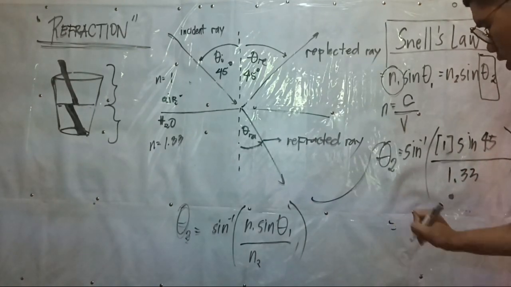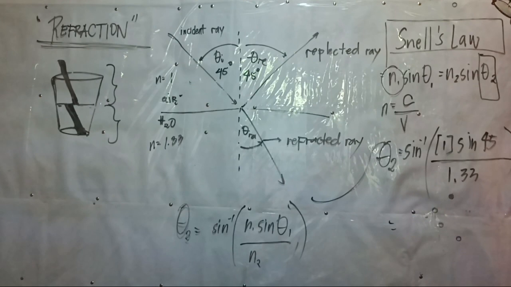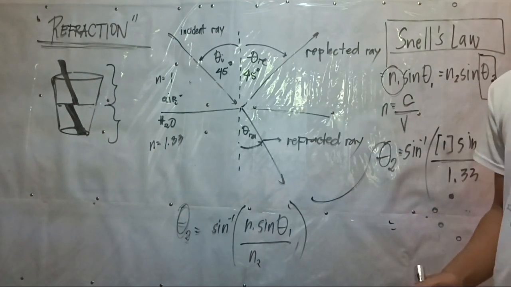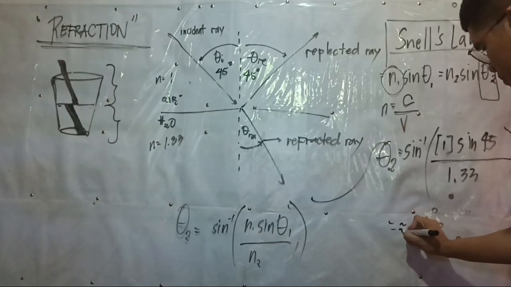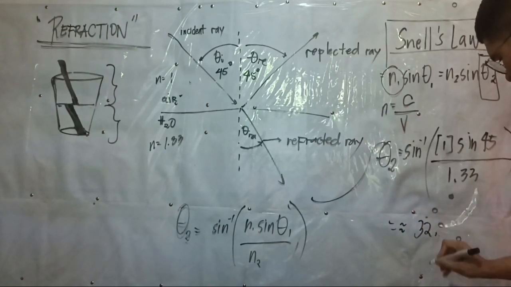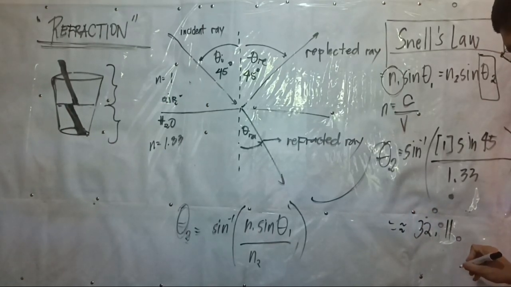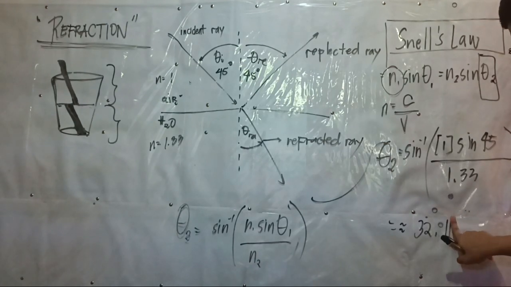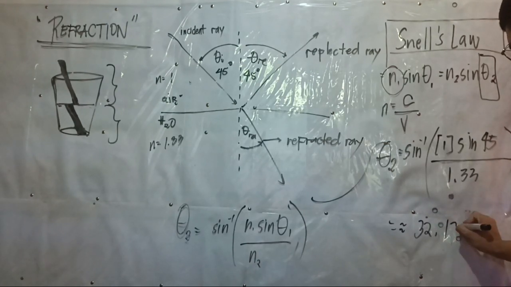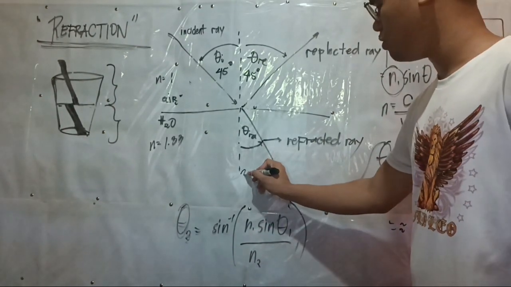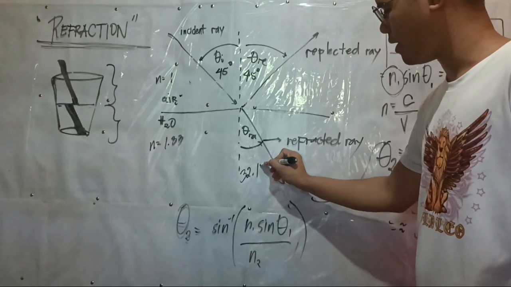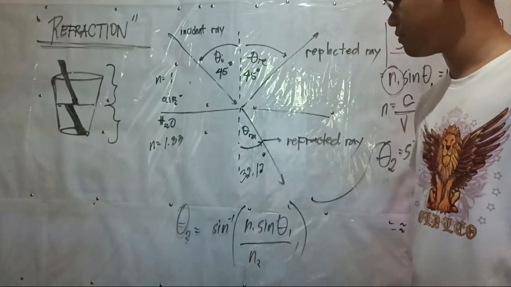If we put it into our calculator, the answer is approximately 32.12 degrees. So our angle of refraction is 32.12 degrees. Okay?